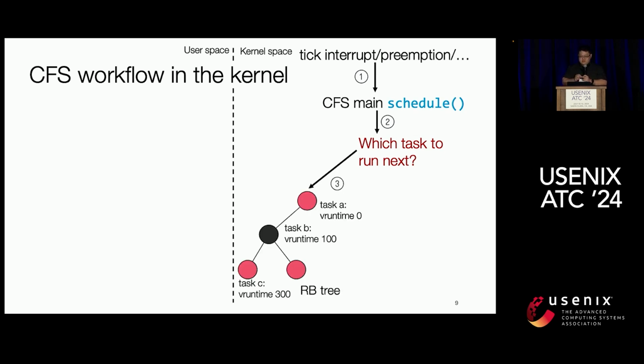To achieve this, the CFS will query the rbtree for each CPU. And because the rbtree sorts all the tasks by the virtual time, we have those equations: task A has higher priority than task B, and task B has higher priority than task C.